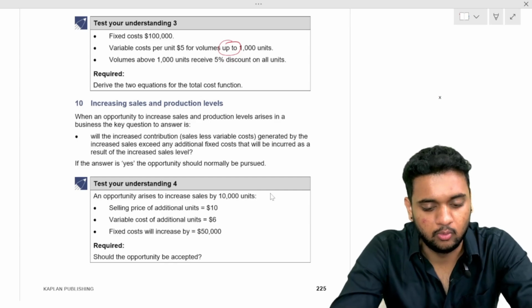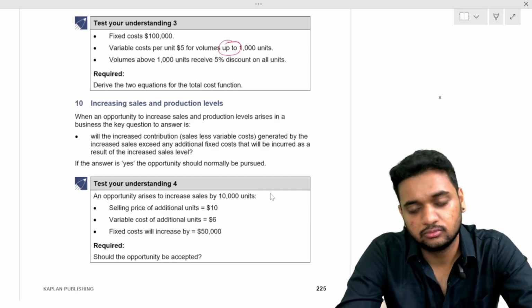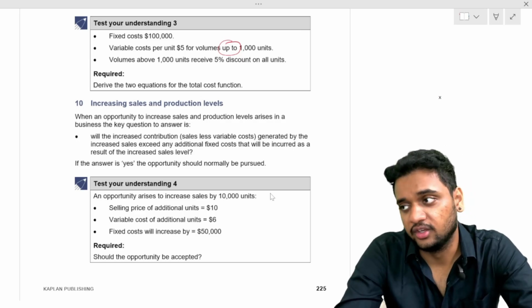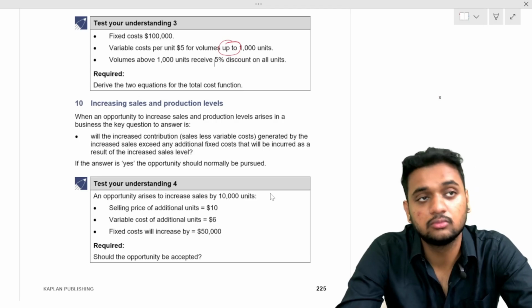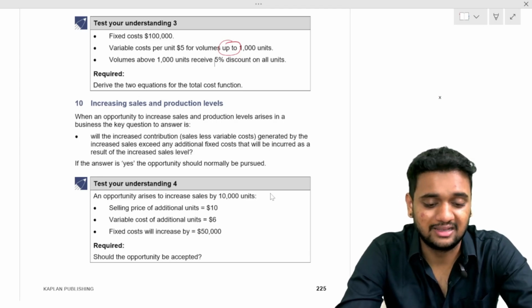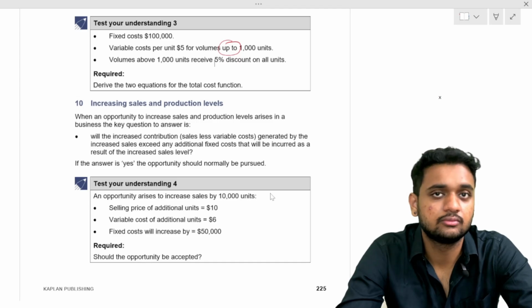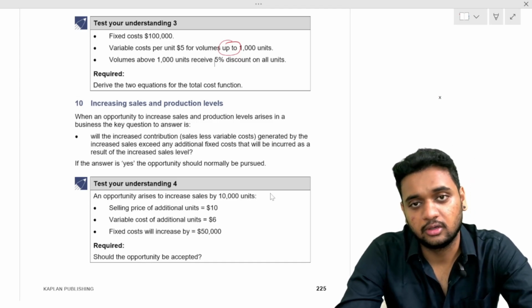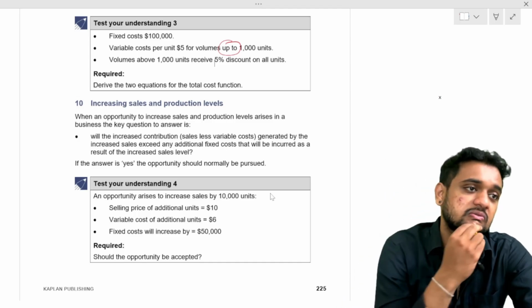No. One person told no. Others? Should this opportunity be accepted or not? Calculate in the mind. Fast.